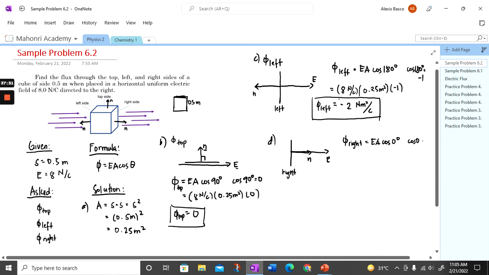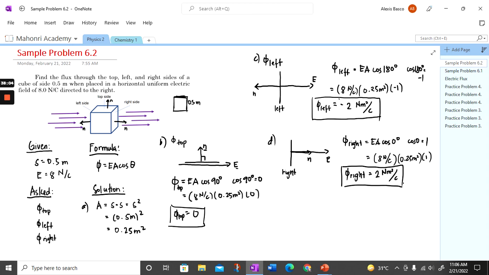And cosine 0 degrees is equal to 1. So this will make 8 newtons per coulomb multiplied by 0.25 meters squared multiplied by 1. And this will give that the electric flux on the right side is equal to 2 newton meters squared per coulomb. So that is the electric flux.